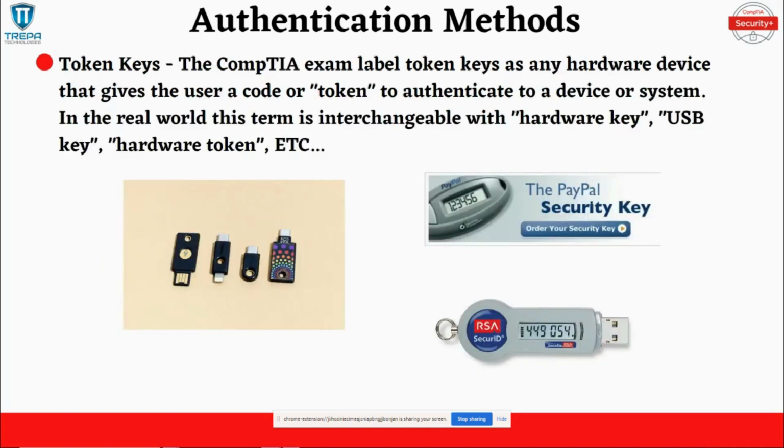Another authentication method we have is a token key. A token key is a physical hardware device that can be used as a second form of authentication. You have these YubiKeys that people use, where you plug that in via USB to your devices, or to your iPhone or your Android device, and that's going to give you a second factor, this actual hardware device.